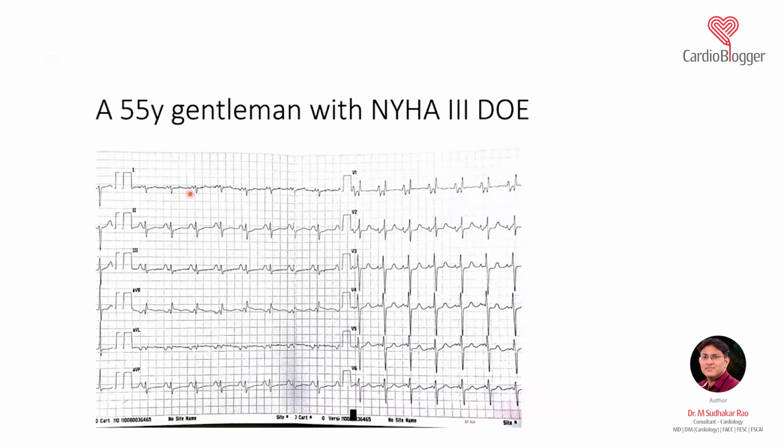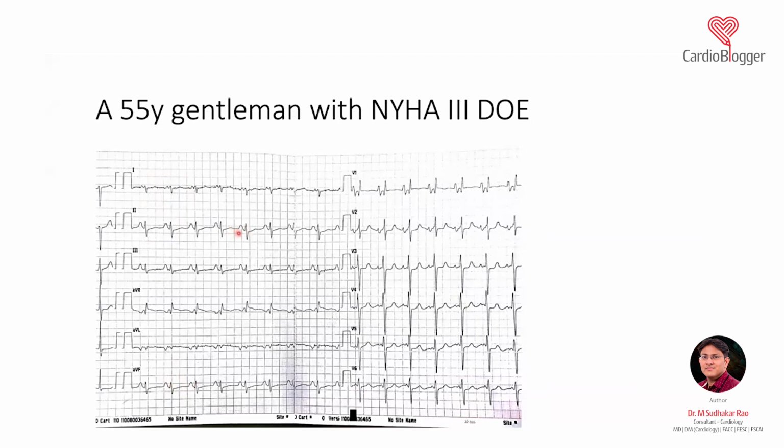The normal axis is minus 30 to plus 110. So this ECG is going beyond plus 110. But the easy way to determine axis is lead 1 is negative and in lead AVF the overall deflection is positive. So you say that there is a gross right axis deviation.